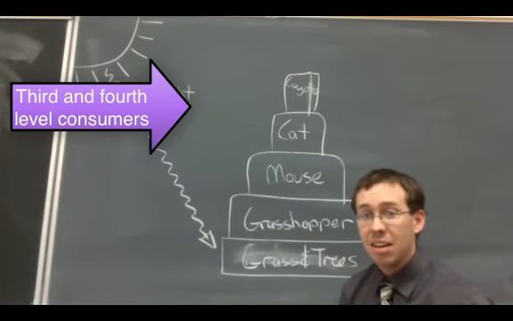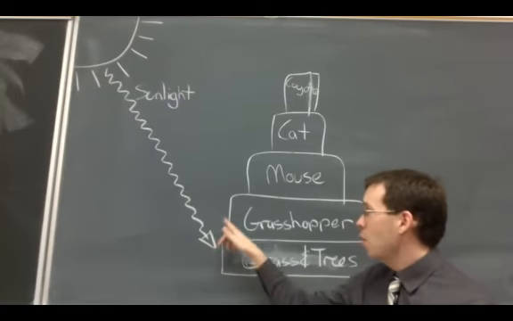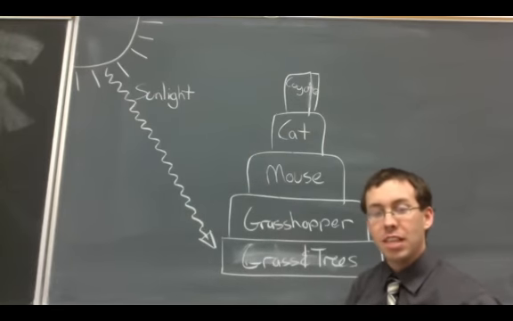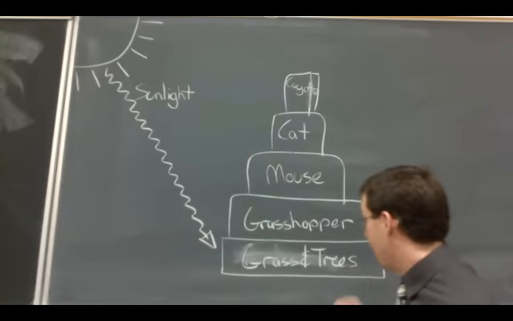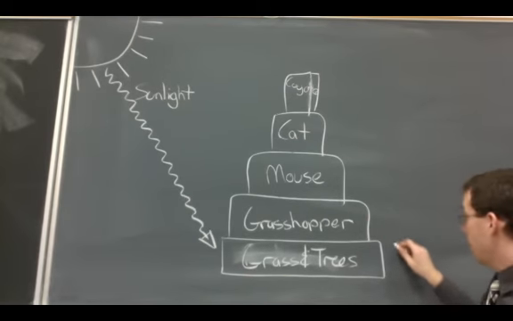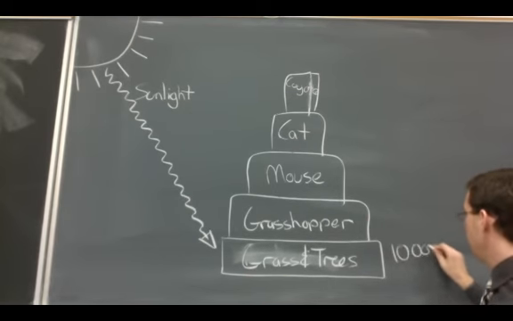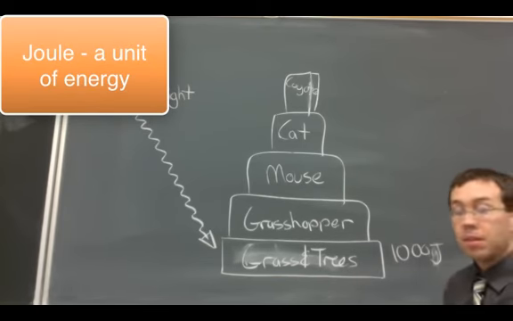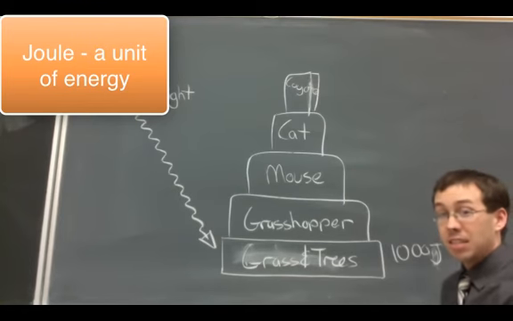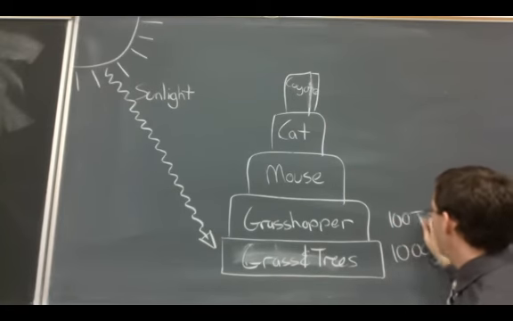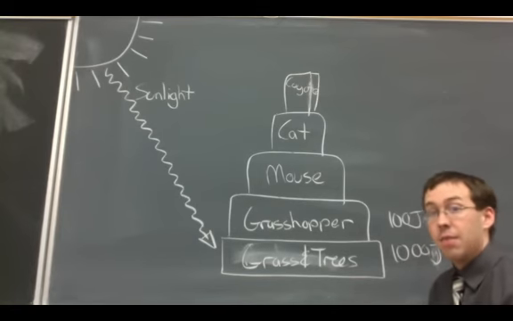Now something to consider is that each time you go up a chain, 10% of the energy is transferred. So let's say, figuratively, that I start off with 1,000 joules of energy. The amount of energy that's going to get transferred is simply 100 joules. That's 10% of 1,000.